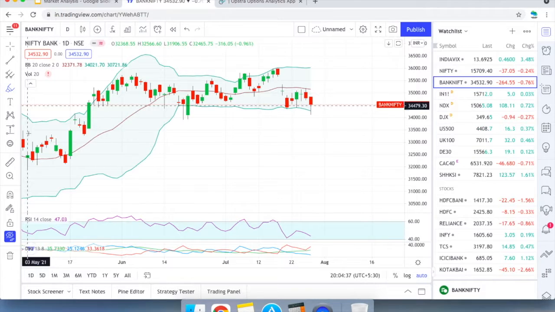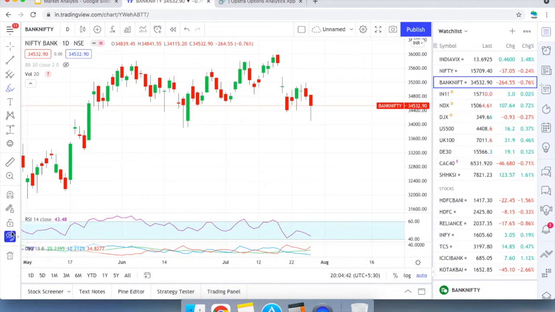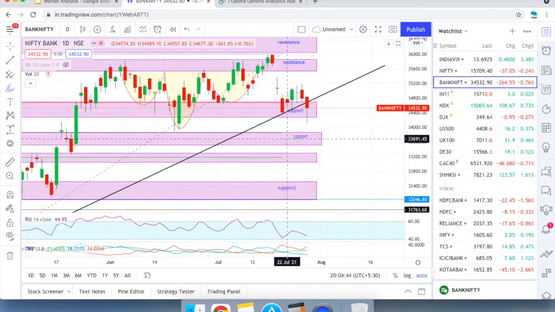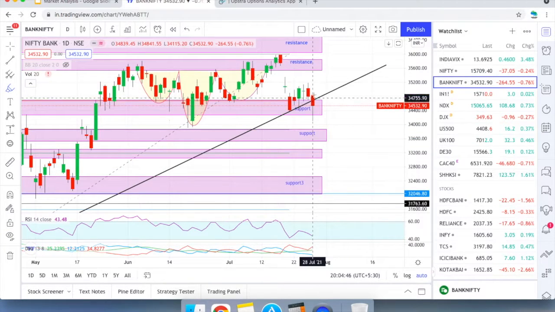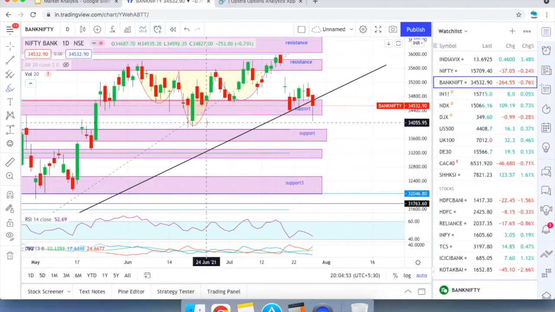Here also, if you look at the support and resistance, what has happened today is it slightly breached the support, but never breached the M pattern neckline point of 33,900 yet.